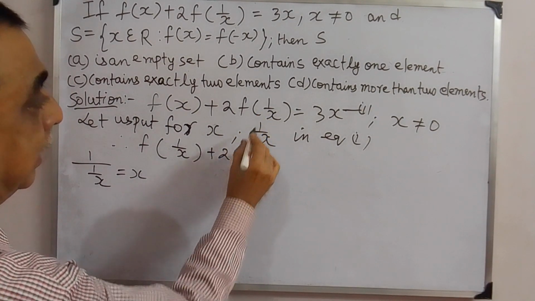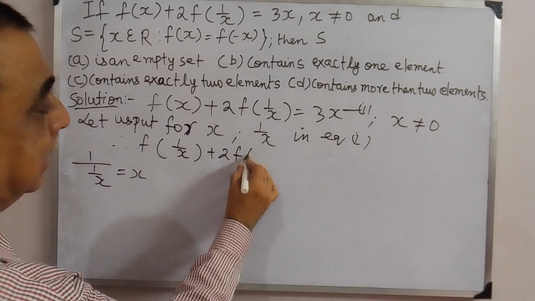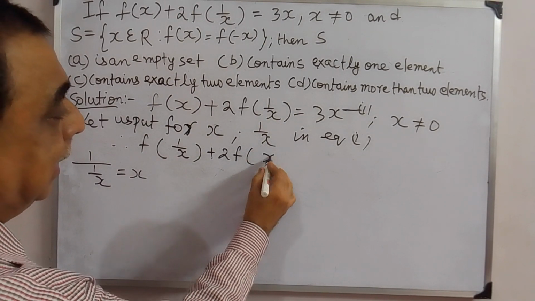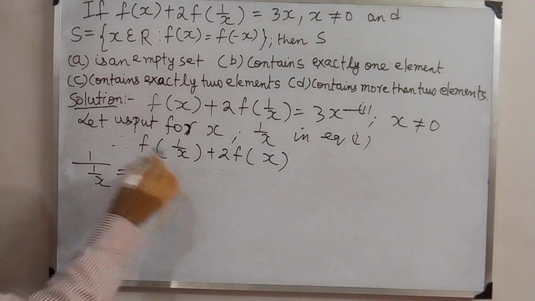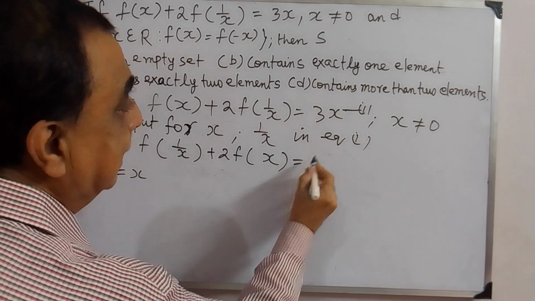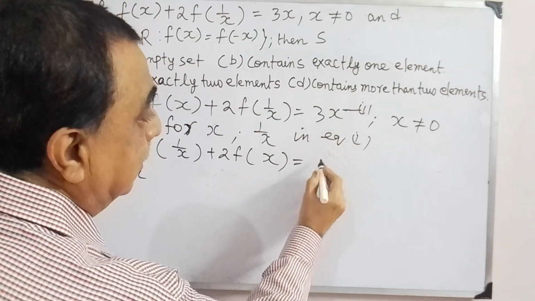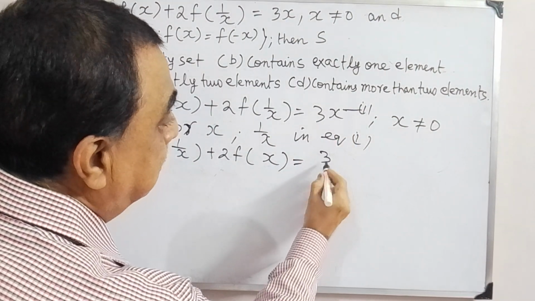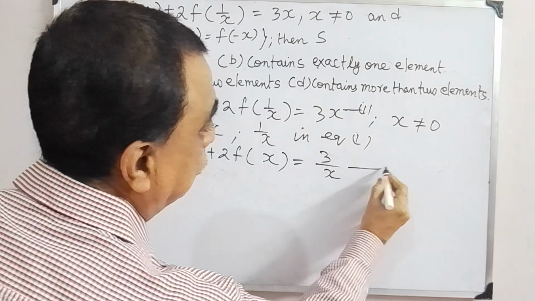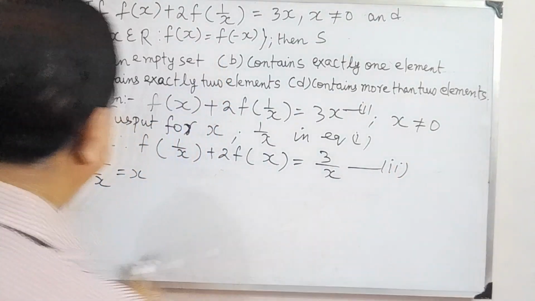So f(1/x) + 2f(x), and on the right side 3x will become 3/x. So this is the second equation.